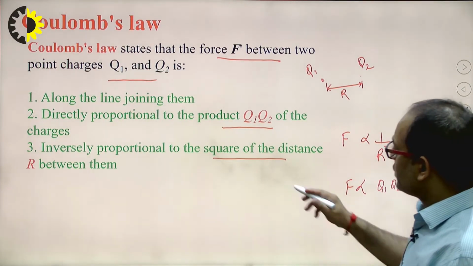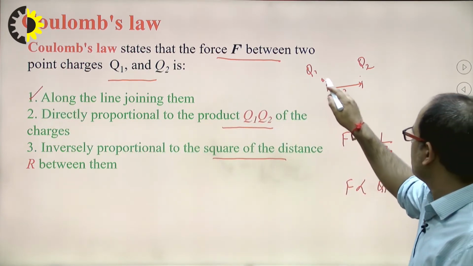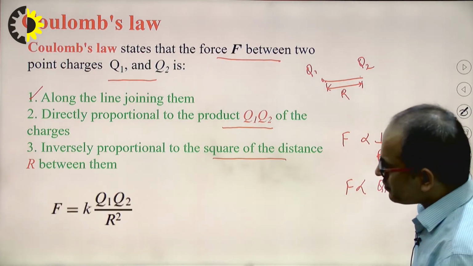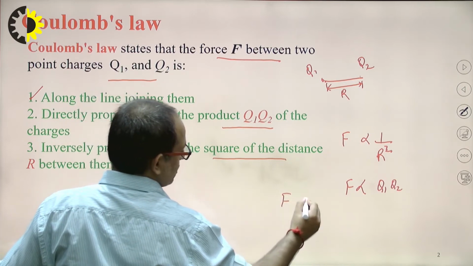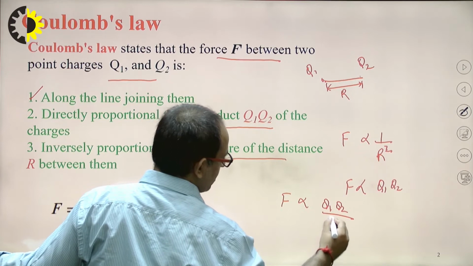Clear? The first condition is that these two point charges should lie along the same line. Then the force is Q1 Q2 divided by R square.